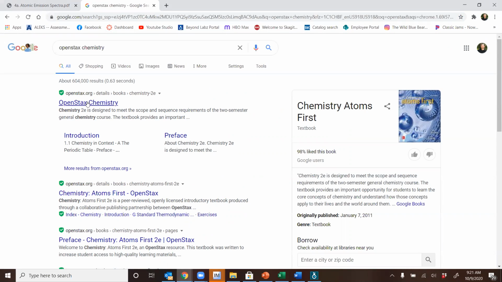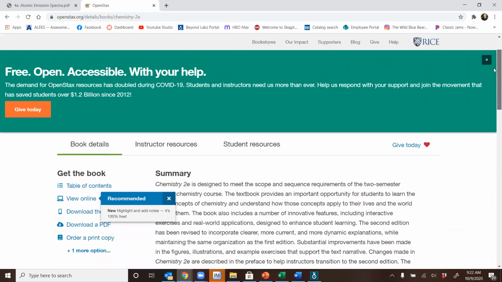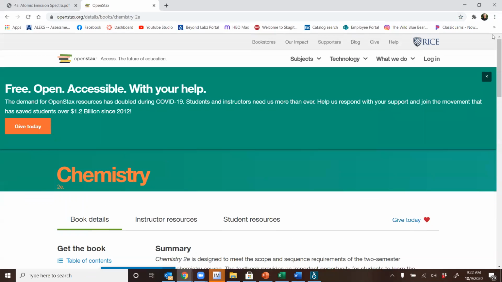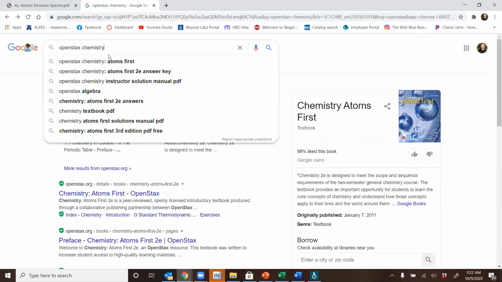I'm going to OpenStax Chemistry. OpenStax is a collection of completely free resources available to college students trying to cut down on the cost of textbooks. Hold on a sec. There's also an OpenStax Chemistry Atoms First.